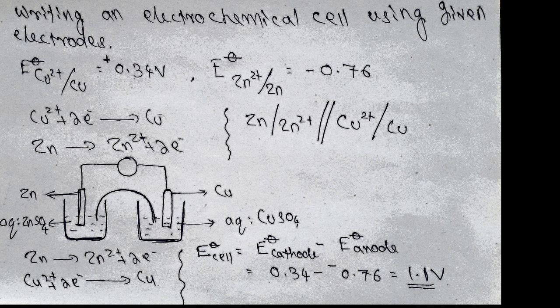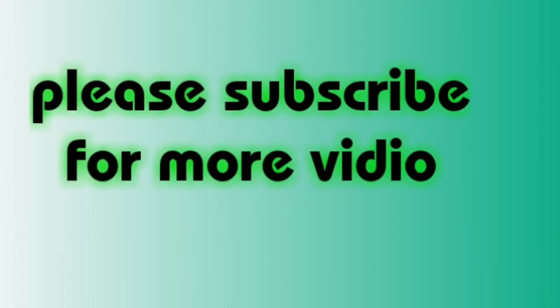And here we can measure the standard electrode potential E0 cell. E0 represents standard electrode potential. The standard electrode potential of a cell equals E0 cathode minus E0 anode, the electrode potential value for the cathode minus the anode. Here the cathode is the copper electrode, with the value given in the question as 0.34, minus minus 0.76.